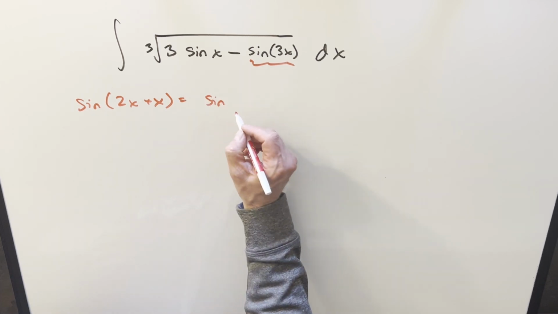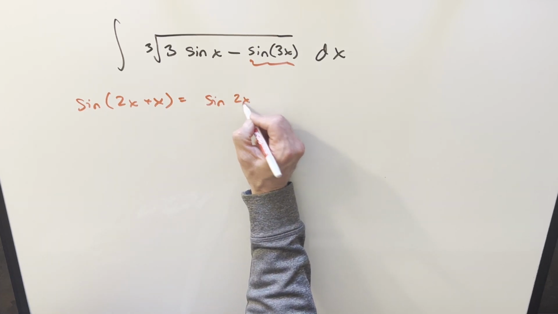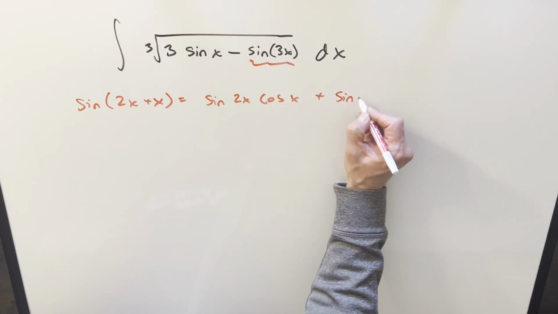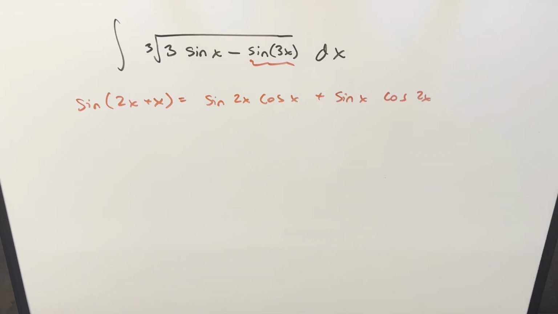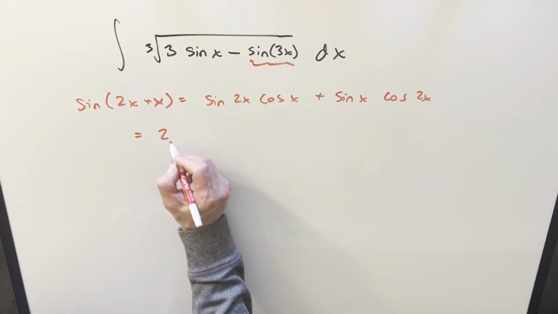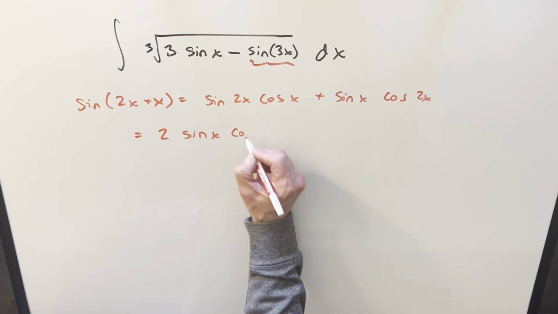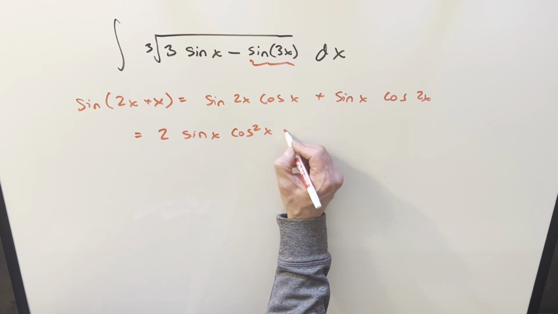Then using the sum angle formula on this, it's going to be sine 2x cosine x plus sine x cos 2x. And then you can simplify this a whole bunch of different ways, but what I want to do is get it all in terms of sines and all with a single angle. So first, for sine 2x, I can write that as 2 sine x cos x, multiplied times this one, and we've got cosine squared x.